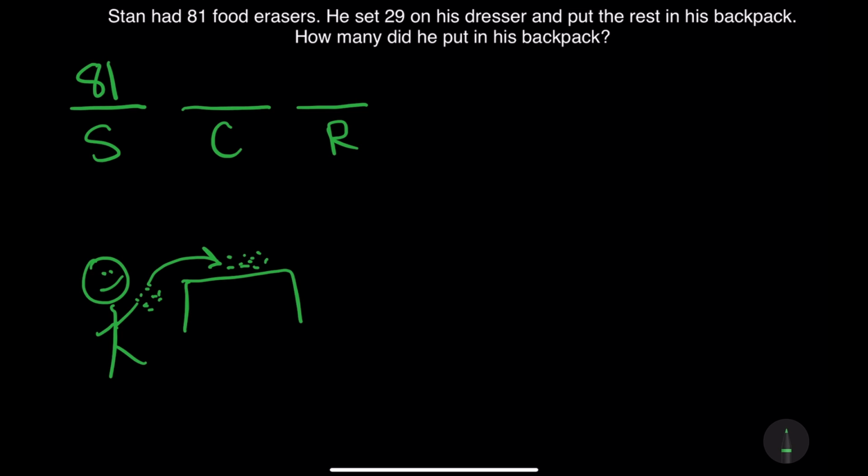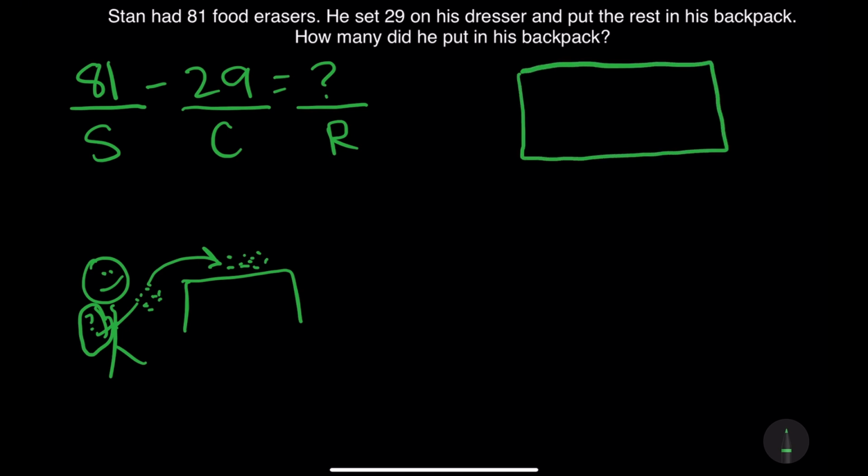So that would be minus. The change is that he took away 29. And it says he put the rest in his backpack, which means we don't know how many went in his backpack. That's a question. So now we need to organize our thinking into a strip diagram.